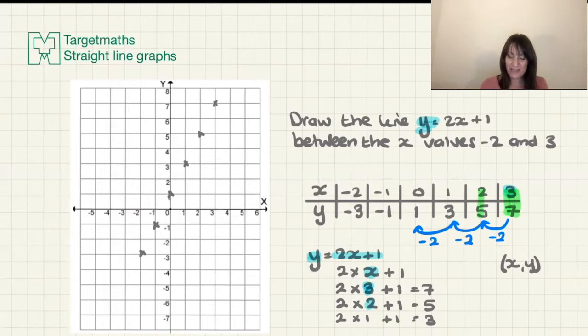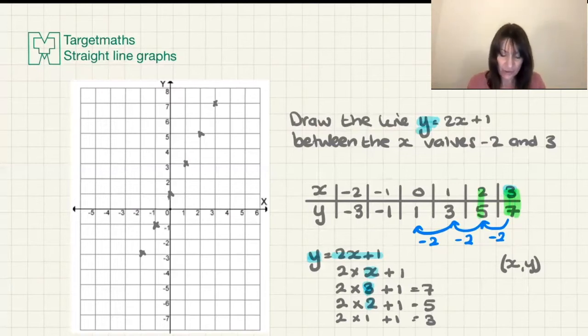So what have I done so far? I've been given a rule. I have made a table. I have done a load of maths. I've used the rule to help me find all the y values. And now I've plotted the coordinates. But I must remember I'm drawing the line. At the moment, I can't see a line.